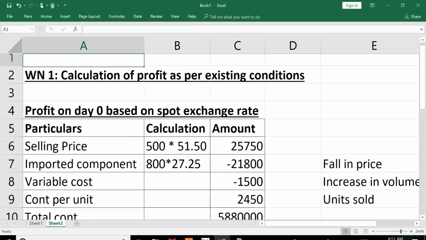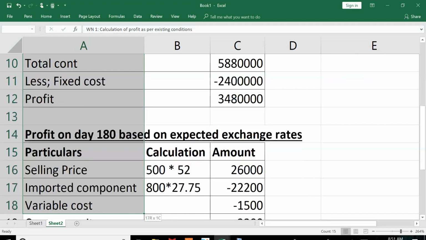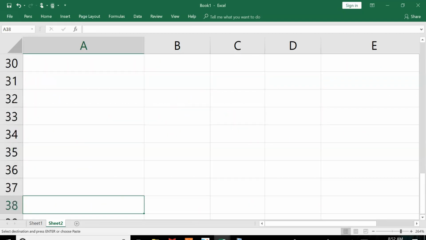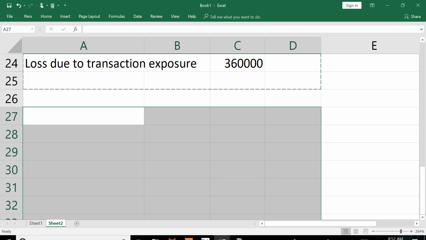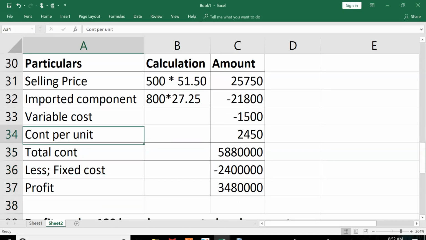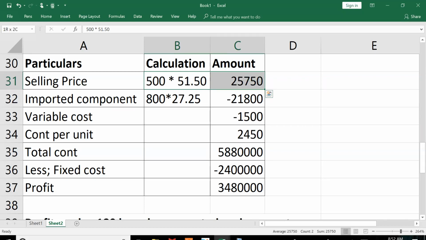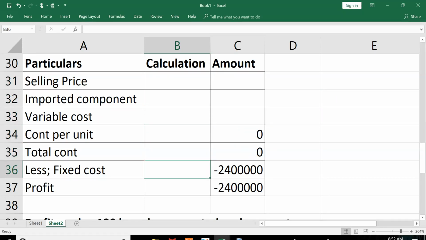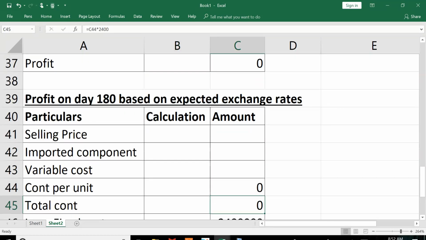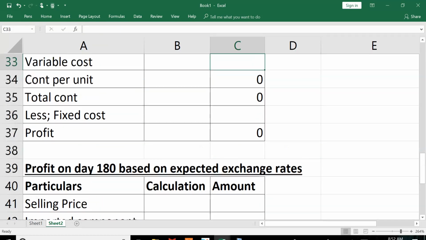Do the statement again: calculation of profit as per revised conditions. You will be selling 2522 units now.